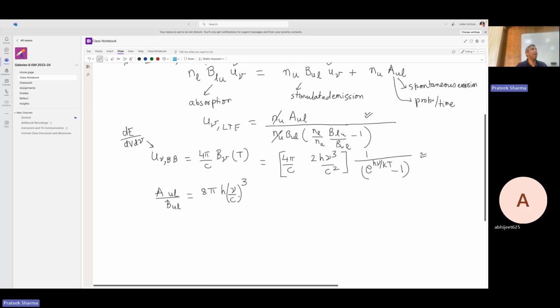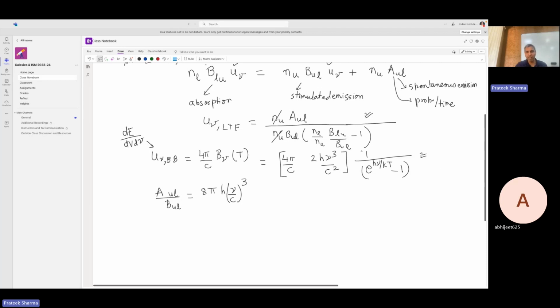So this is how Einstein's A for spontaneous emission and Einstein's B for stimulated emission are related. For any atom, this relation will hold. And in fact, not just for a two-level system, if you have multiple levels connected through this sort of microscopic reversible process, Einstein's A and B will have to be related like this.